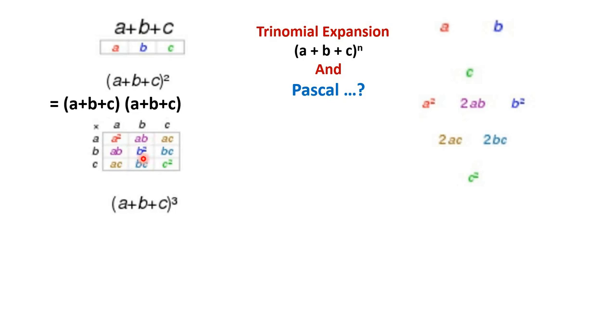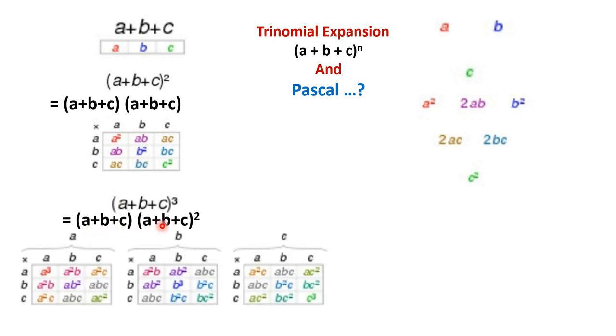So already you have got A plus B plus C whole square, this 3 by 3 matrix. Now you are thinking of another A plus B plus C, so you are multiplying by another A plus B plus C. Now obviously the matrix that you have already got for A plus B plus C whole square would be acted upon by A, by B, by C. So this same matrix when multiplied by A gives you A square, that is A cube, then A square B, then A square C. You see, A cube, A square B, A square C, and so on.